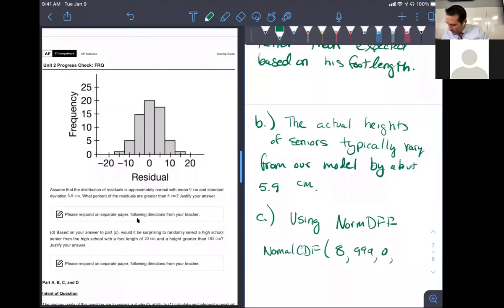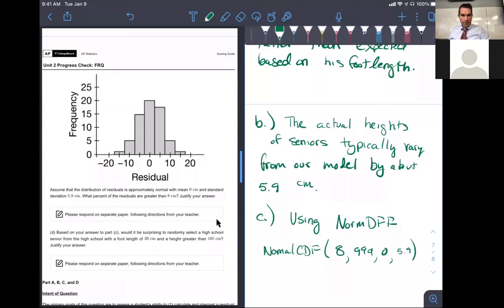And our standard deviation is 5.9. Good with that? Yeah. So change that. I'm just going to do this really quick. 0 and 5.9.